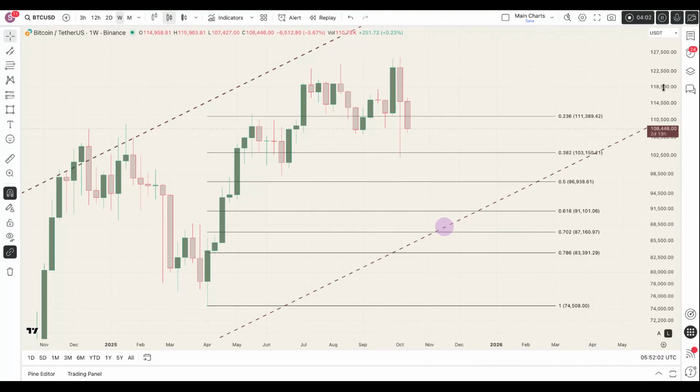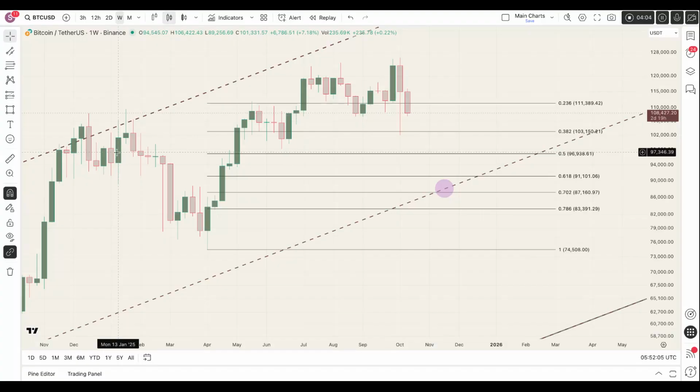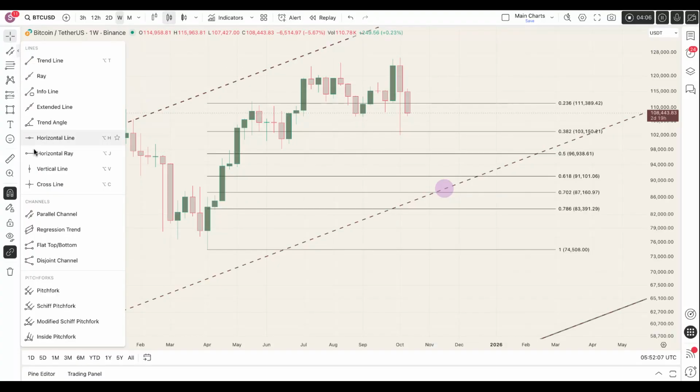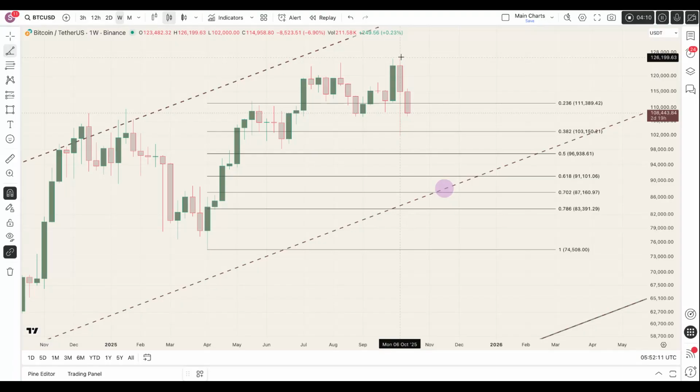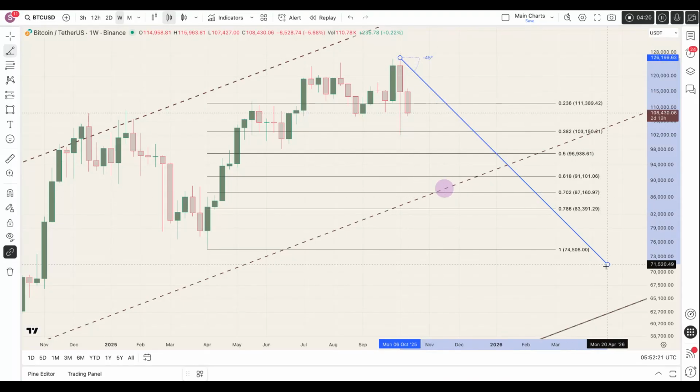So double click here, square up my chart, then go to trend angle. This is where the fall begins. This is the peak. So always go to the peak. Anchor it. Use shift. You have 45 degrees. Okay.